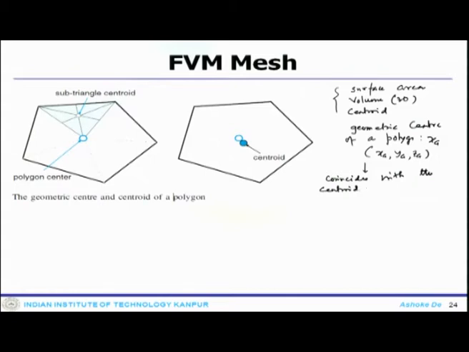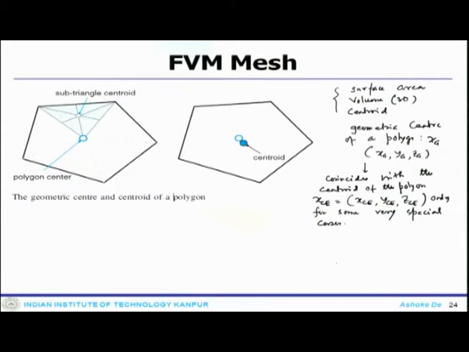That means the centroid of the polygon, let us say xCe, which is again xCe, yCe, zCe, will coincide with the geometric center only for some very special cases.